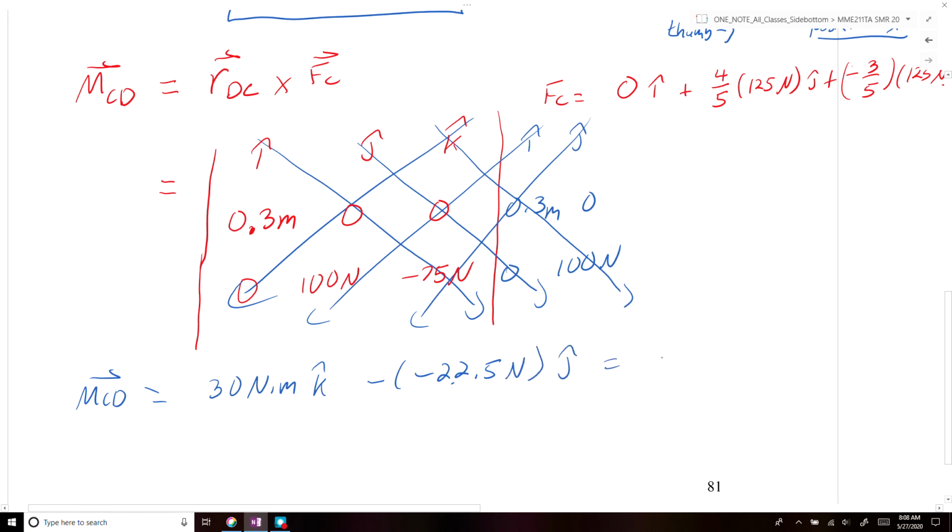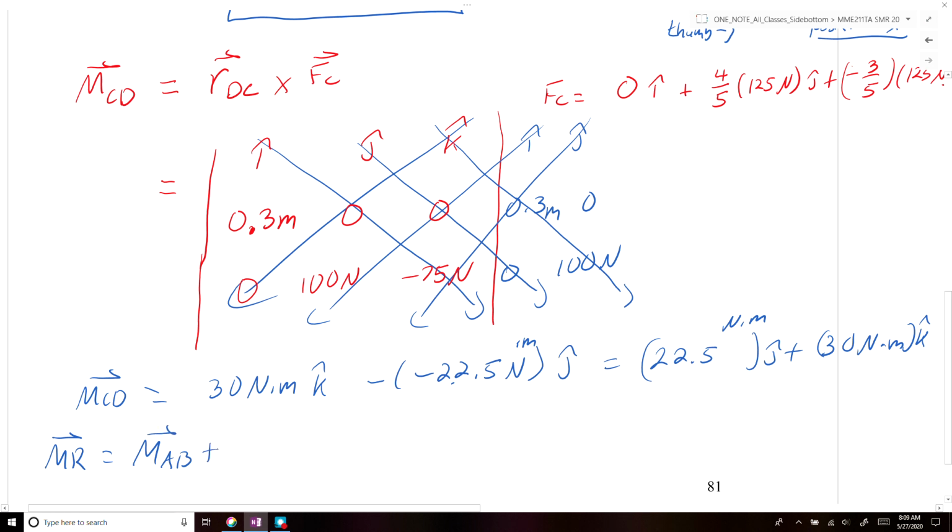So it's really equal to 22.5 newtons j plus 30 newton meters k. It should be newton meters, not newtons.